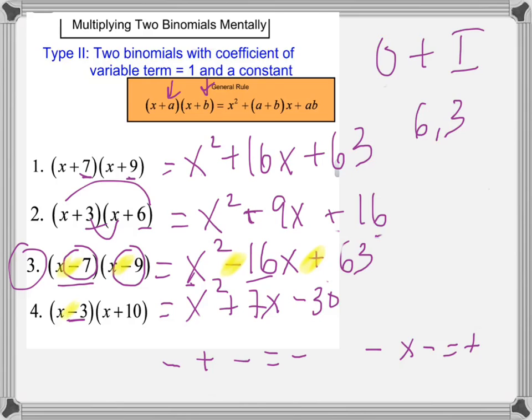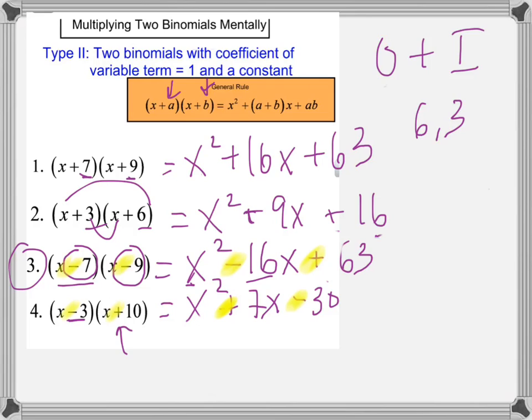Now, if you have varied operations, so if you had a minus and a plus, notice that this is going to be a negative here. That's because a negative times a positive gets you a negative. Okay, and this plus sign here is only because the larger term was a term that was added.